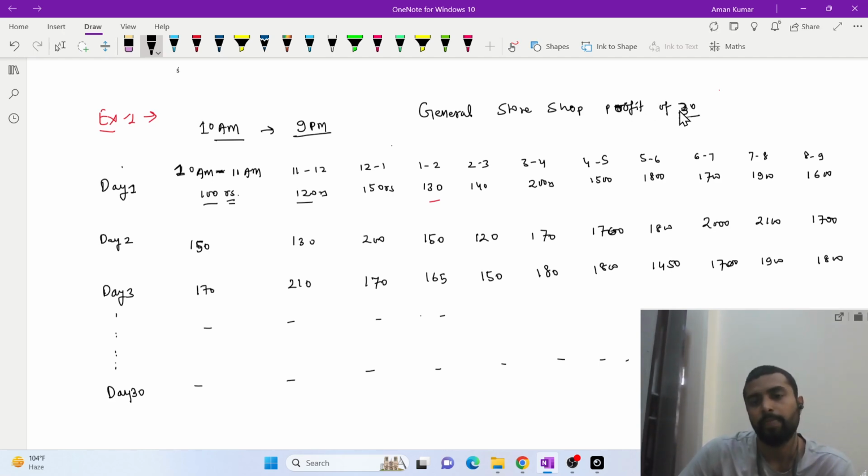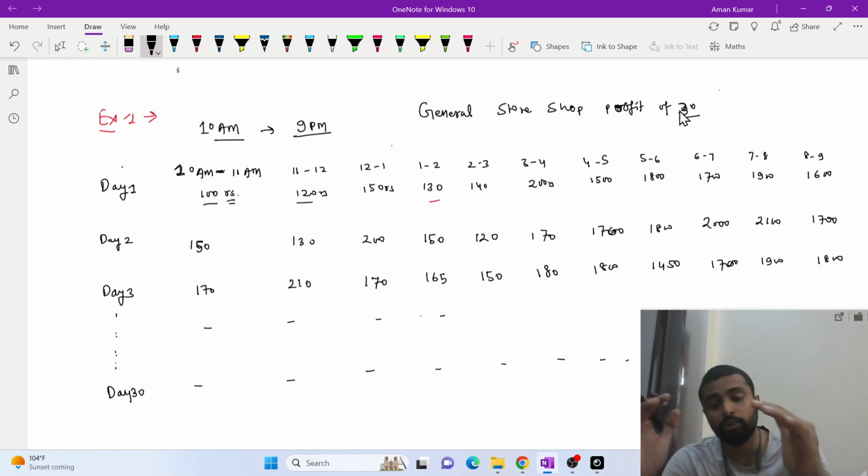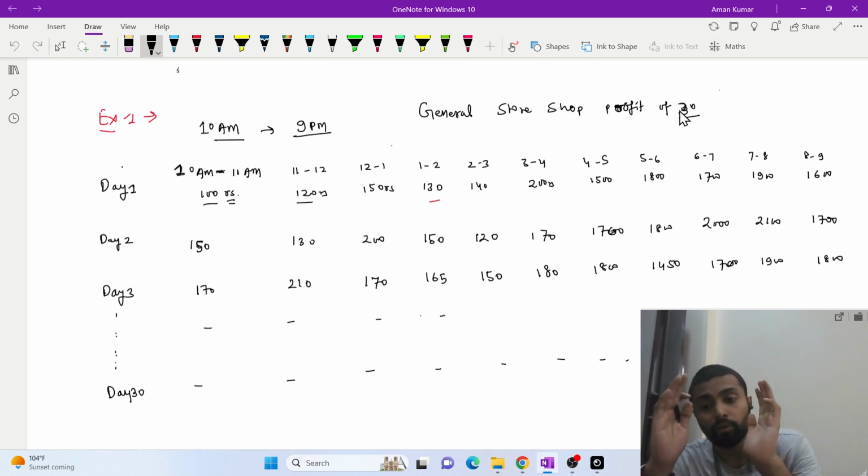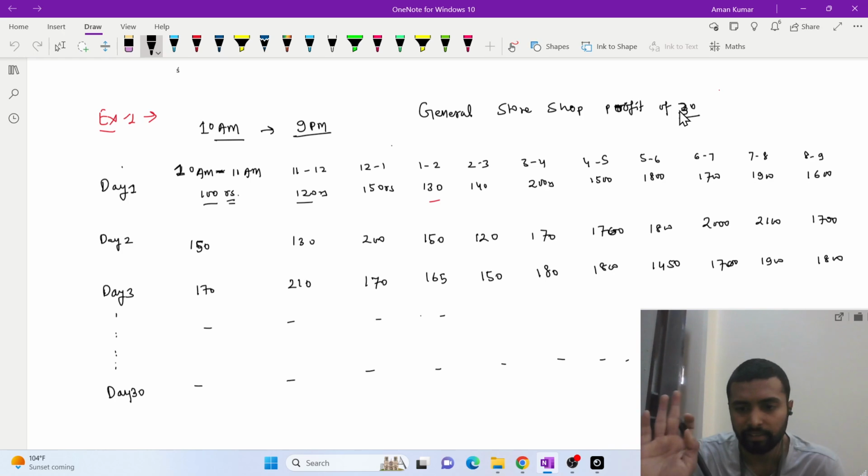Clear? Now it is your data, your information about 30 days, or you can say the per-hour profit of 30 days. Is it clear so far?